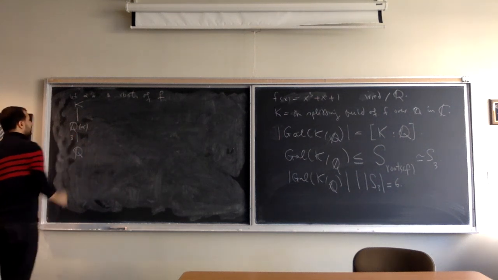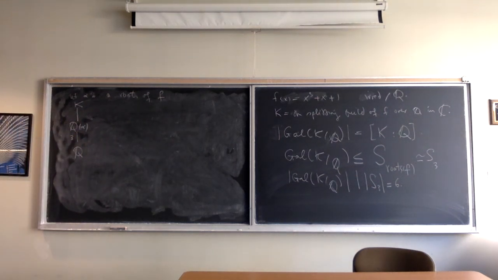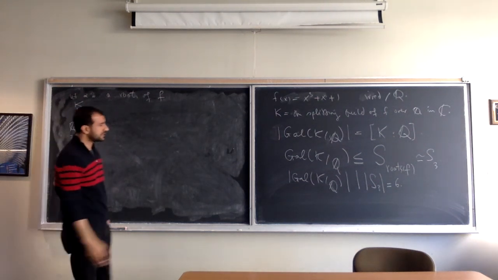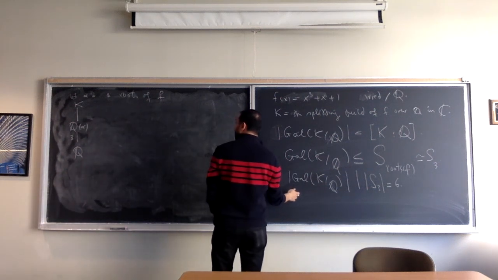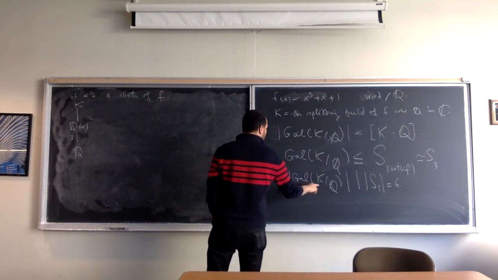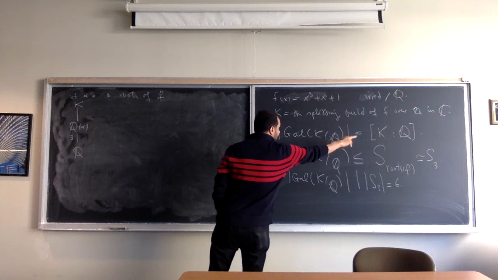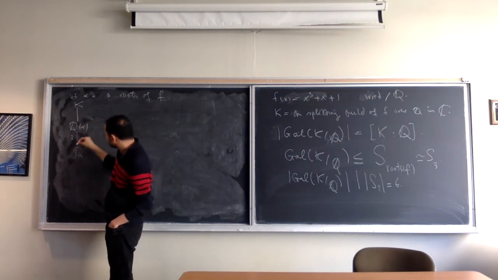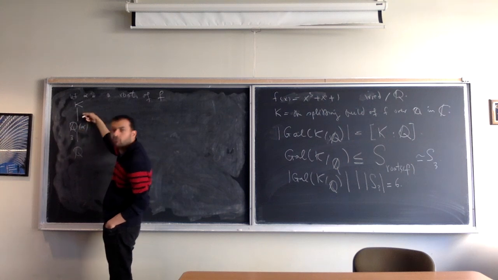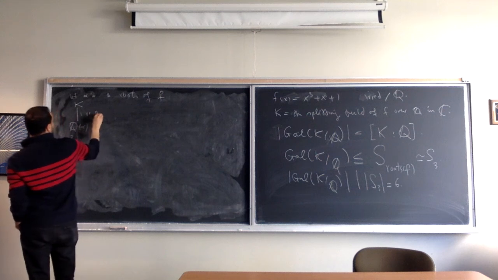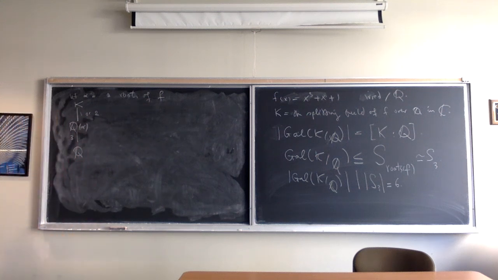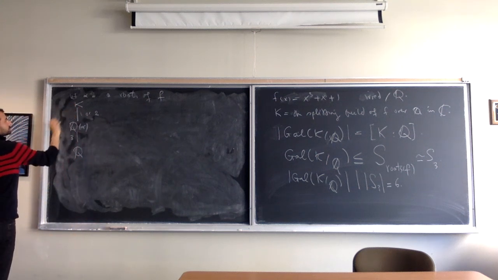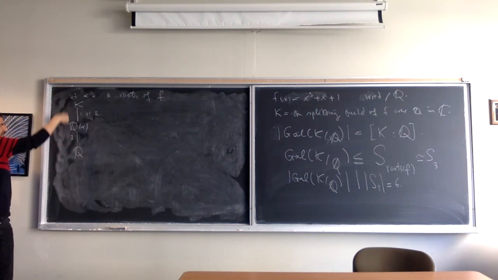On the other hand, the number of elements of the Galois group, which is the same as the degree of K over Q, divides 6. So this is 3, and this is either 1 or 2, because the whole thing divides 6.